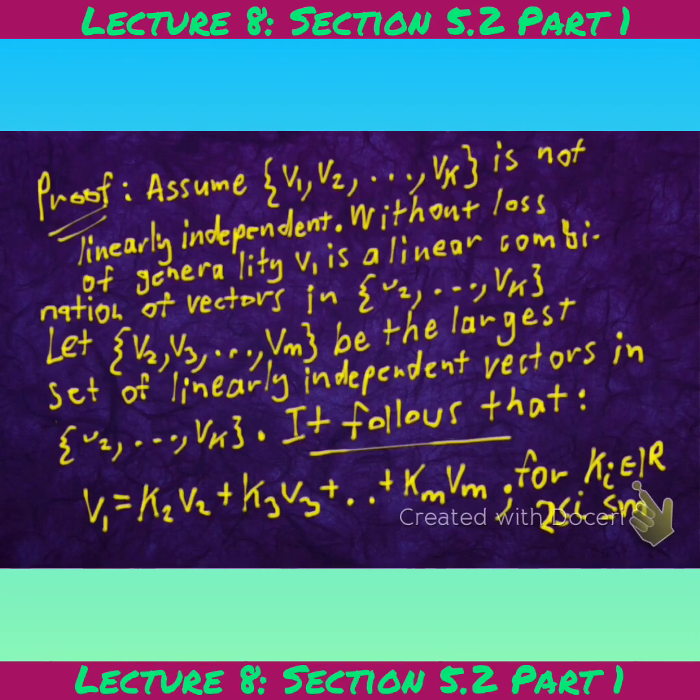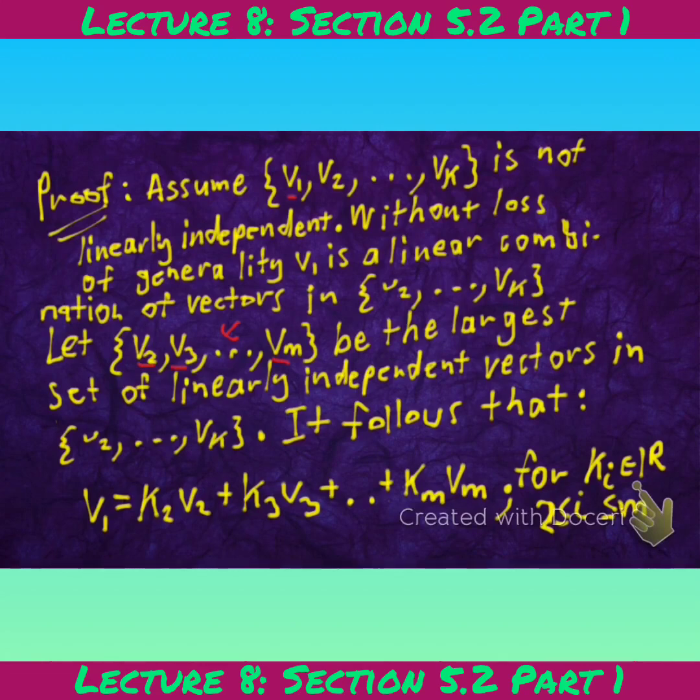Right, so it follows that we can express V1 as a linear combination of these vectors here. And again, remember what I said, any vector that's not in there, that's also not V1, can be written as a linear combination of these vectors here.